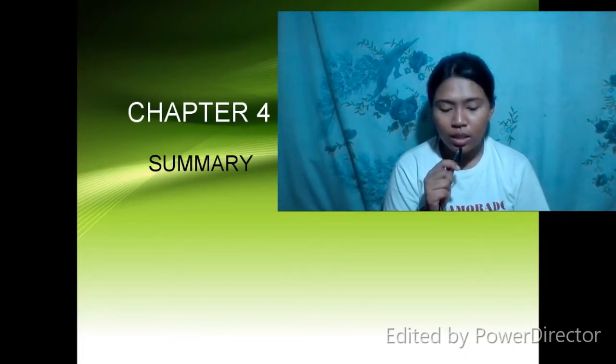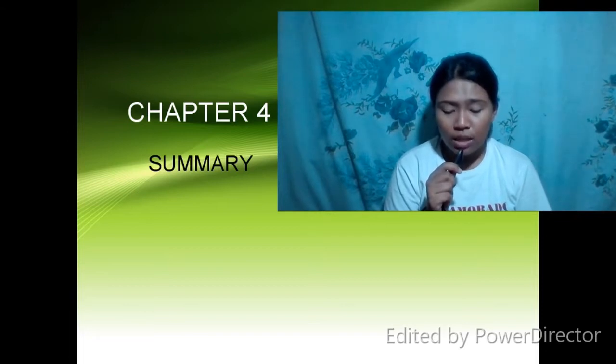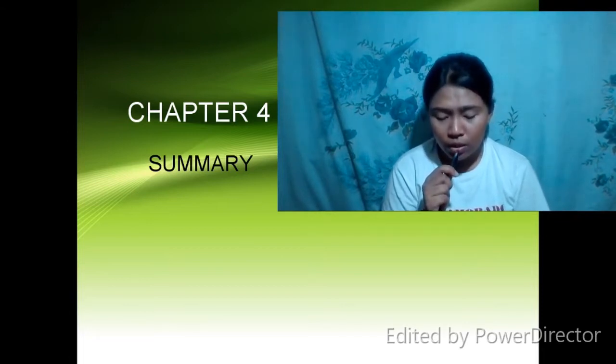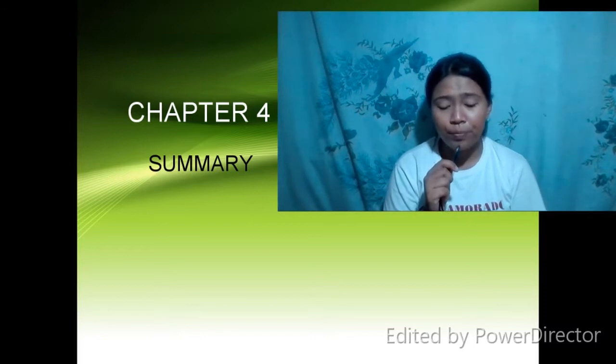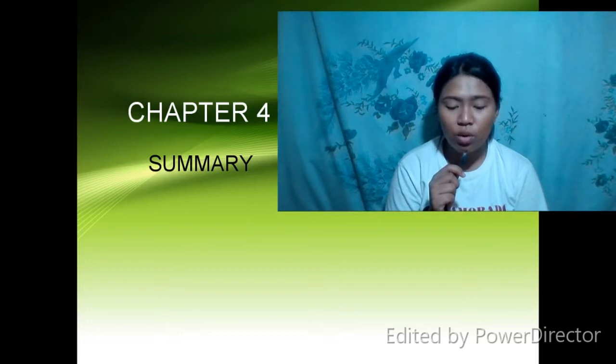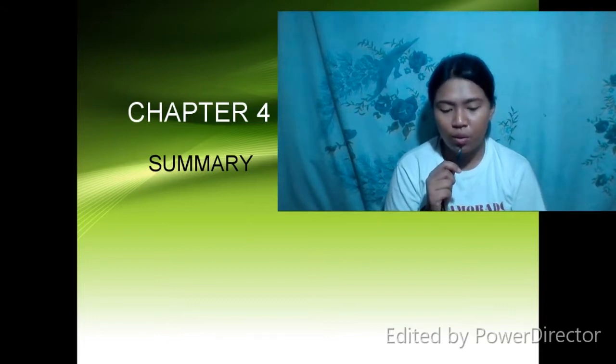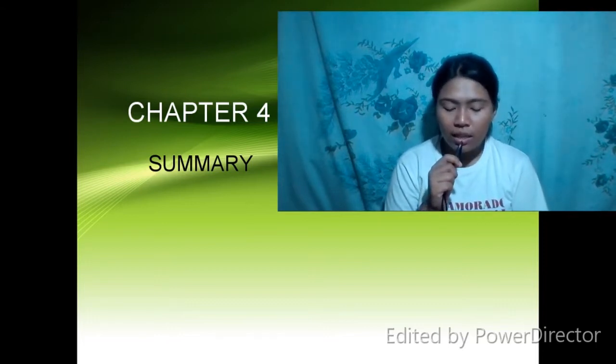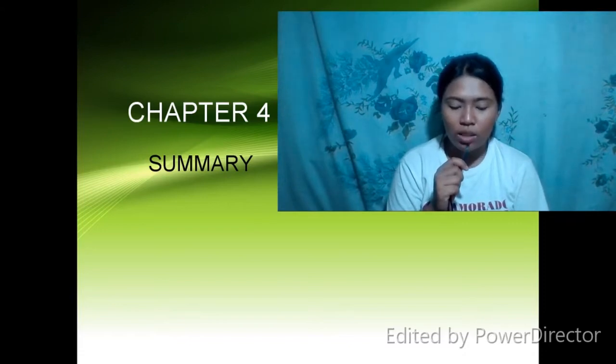Shielded twisted pair cable provides better noise protection than UTP cabling. However, compared to UTP cabling, STP cable is more expensive and difficult to install. The third one is the coaxial cable.